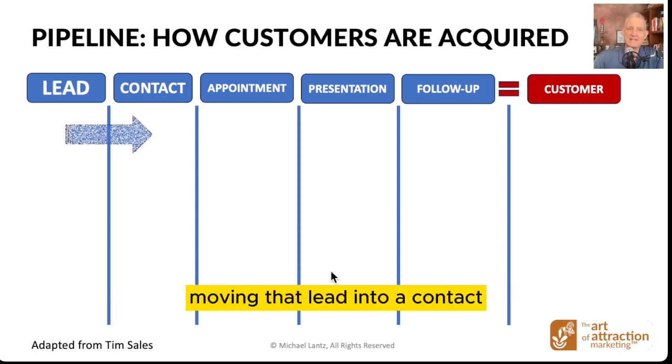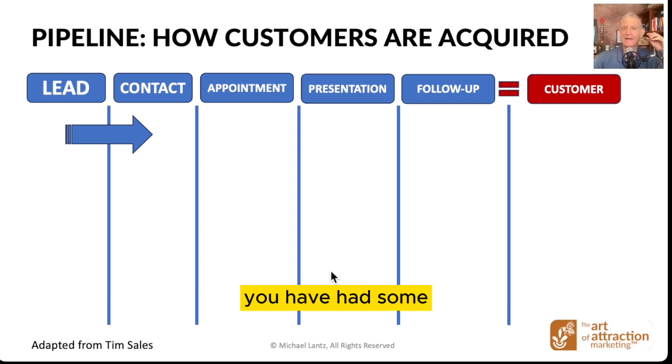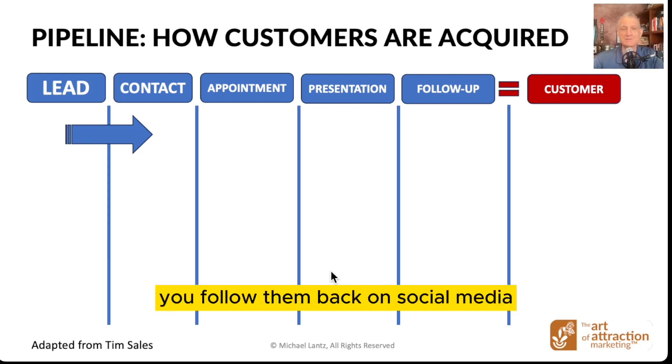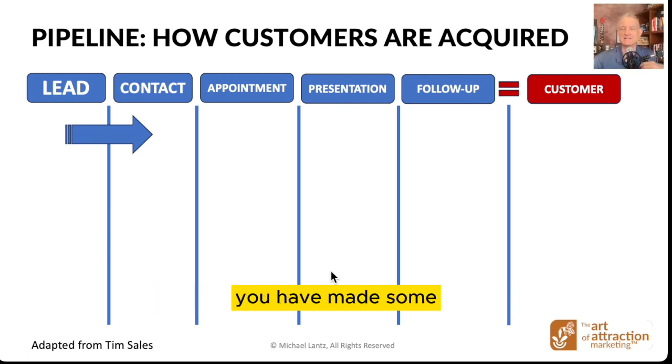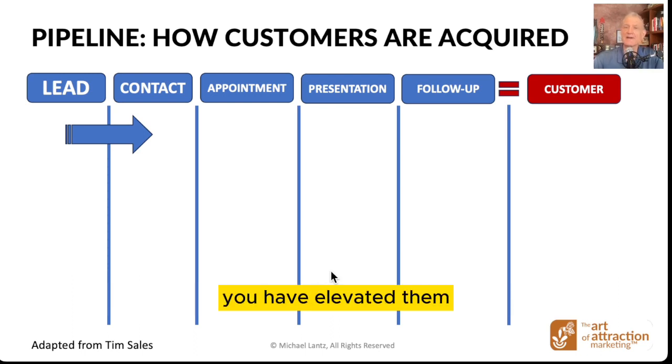Moving that lead into a contact would mean that you have captured an email address, you have had some interaction with them, you follow them back on social media, you have made some comments in a positive manner on their feeds, you have elevated them. That moves that lead into a contact.